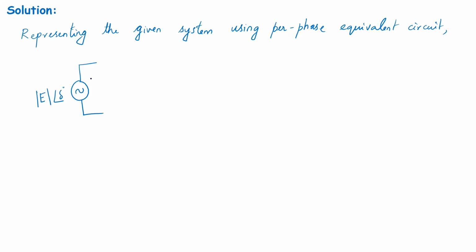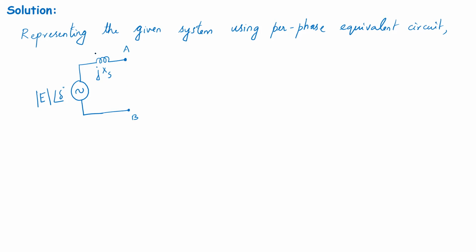In the given problem, since the stator winding resistance is negligible, we can ignore the resistance and have only the synchronous reactance of the machine. I will have two terminals A and B.